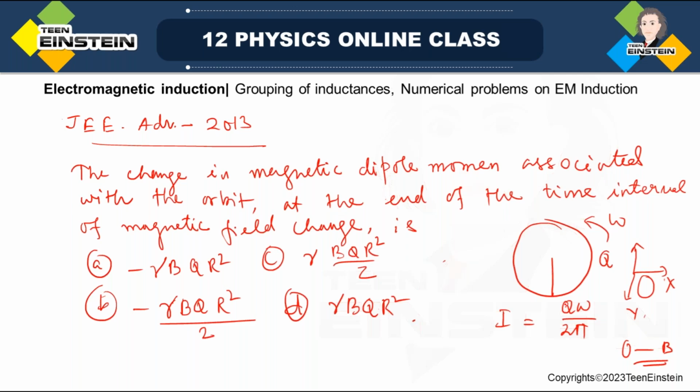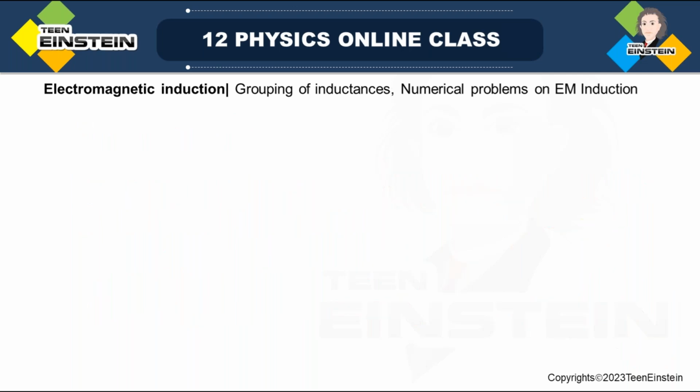It is known that for an orbiting charge, the magnetic dipole moment is proportional to the angular momentum. Magnetic dipole moment mu is I into A. I is q omega by 2 pi, A is pi r square.